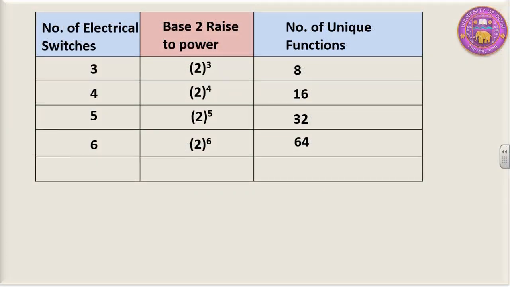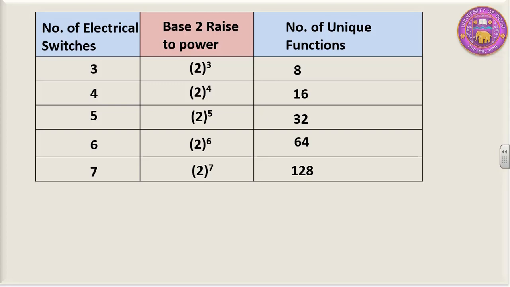Suppose we have 7 electrical switches, 2 raised to power 7, which can create 128 unique functions. In ASCII system, we are making use of 7 electrical switches which are capable of producing 128 unique functions which can be assigned to 128 unique characters.